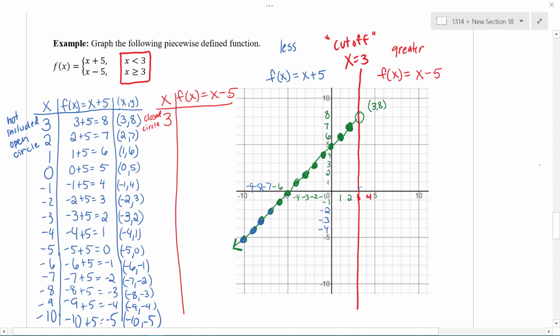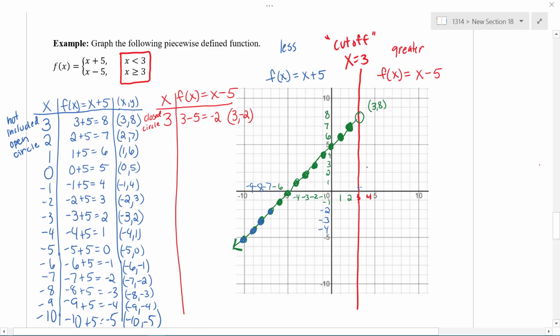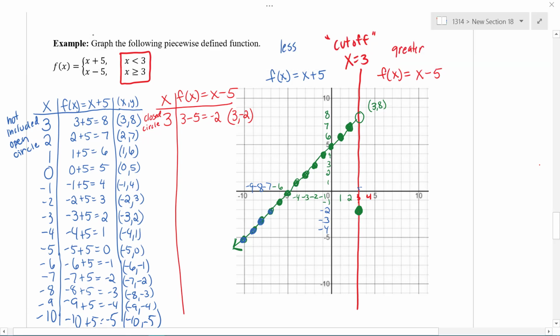Okay, so when I plug in a 3, that's 3 minus 5. I'm going to get negative 2. So we're going to plot the point 3 comma negative 2. Okay, that's going to be a closed filled-in circle. 3 comma negative 2, that's down here. Okay. What other x values could we plug in? We could plug in anything that's larger or to the right of 3, right?